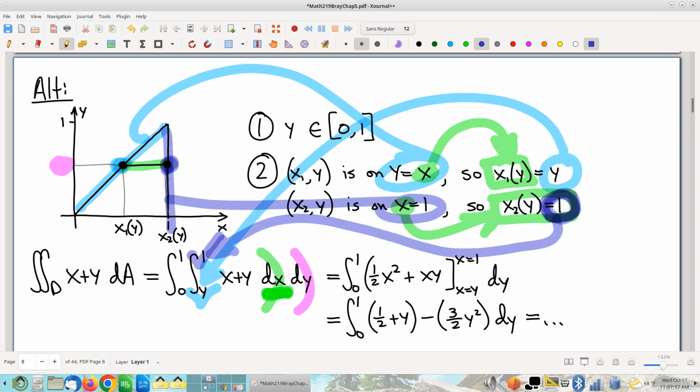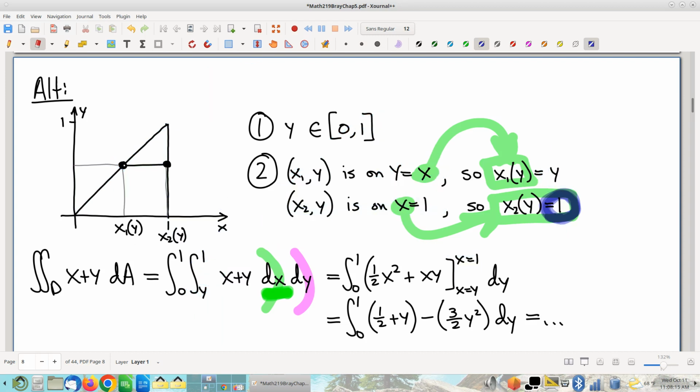Yes? I'm struggling to understand why you choose the bound, not like arbitrarily, but why you don't just go from 0 to 1 for the x bounds as well. Yeah, no, I totally get that. That is a common source of confusion. Let me just point out what that would mean.